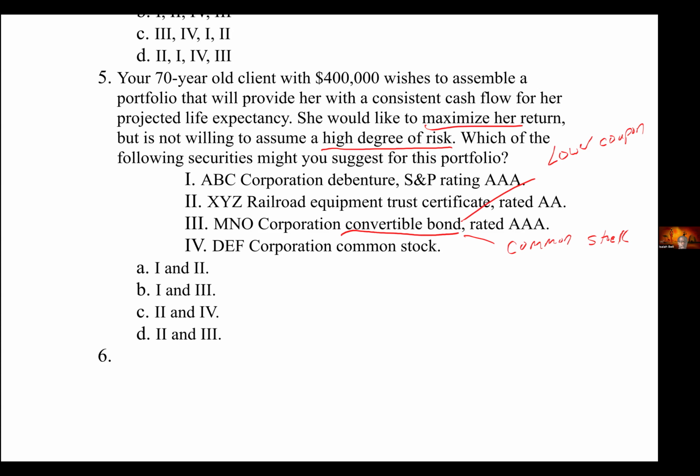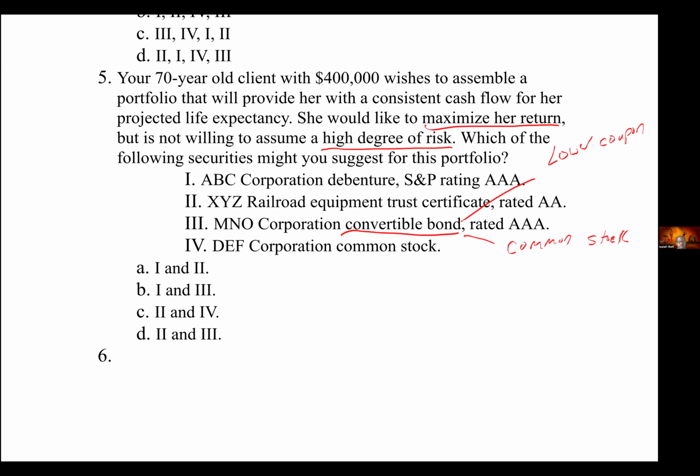She wants to maximize her return, right? We're not looking to own common stocks. We're looking to maximize return. This is not maximizing return because the chance to convert to common stock lowers my payment.